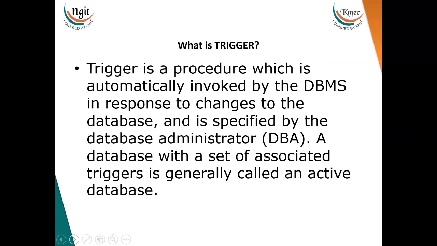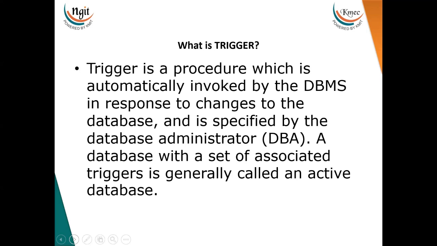We can say that a trigger is a set of instructions which are automatically executed, or fired, in response to the changes made by an event on a particular table that is stored in the database. What sort of changes can you make to the table so that the trigger gets activated?